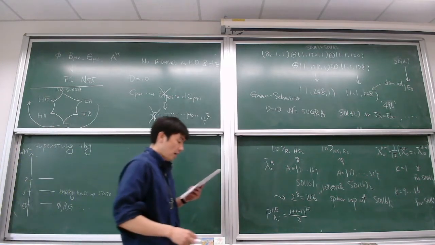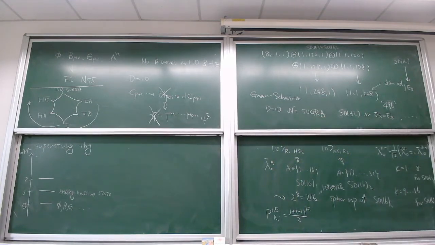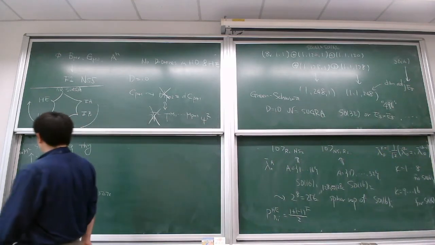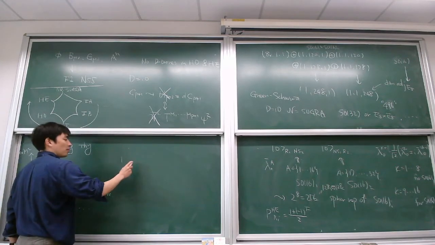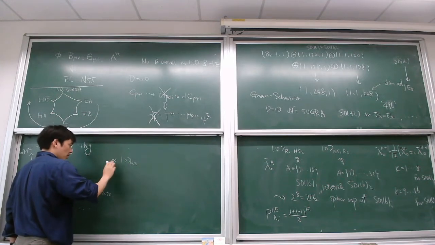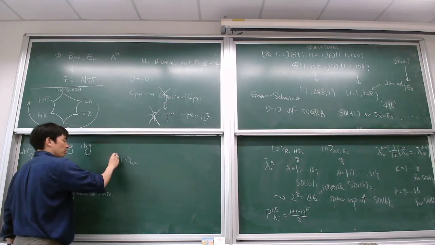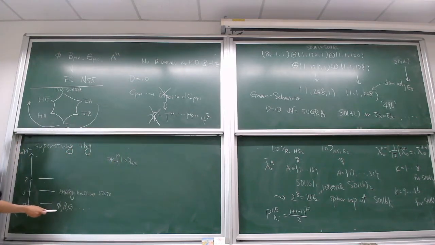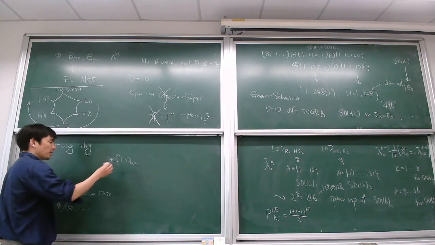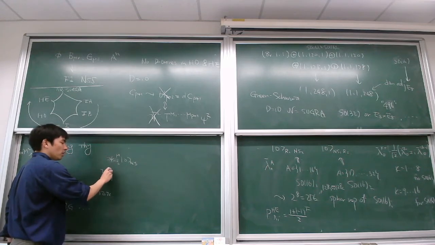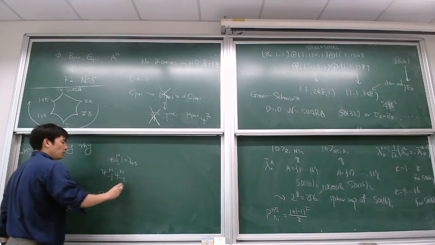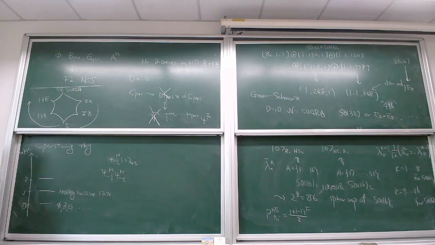You can also create NS states by acting with psi_{-1/2}^mu, which gives you the NS framework states, bosonic states, but you can act on whatever states, for instance 3/2, sorry.